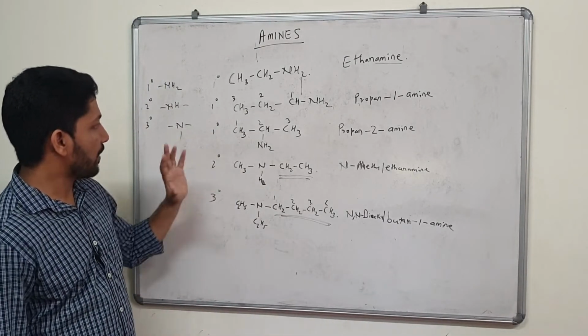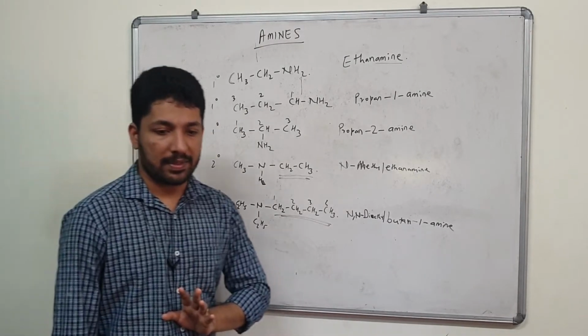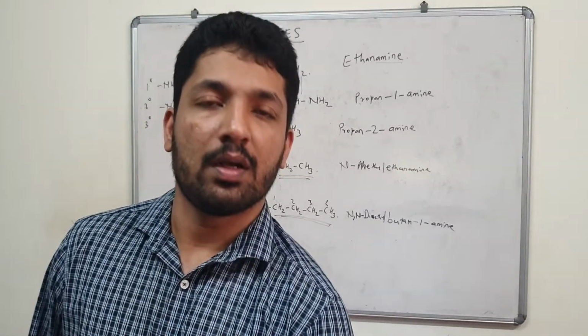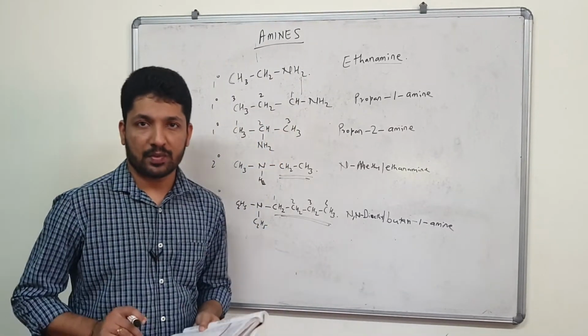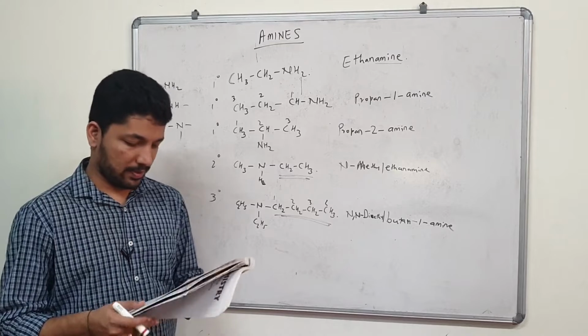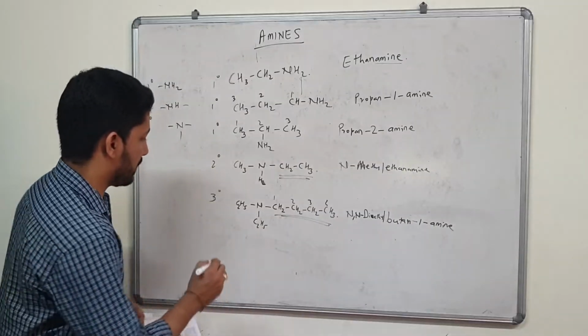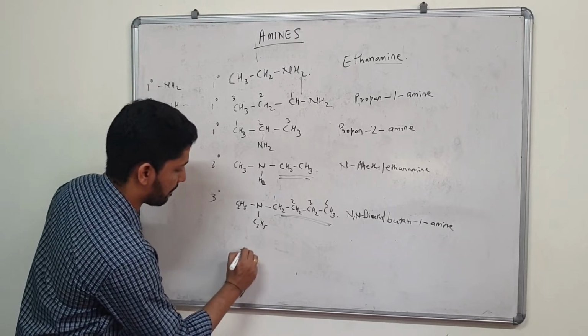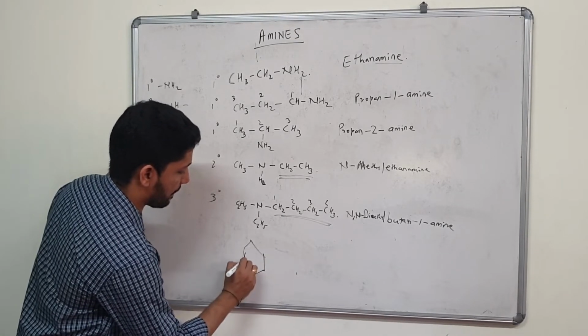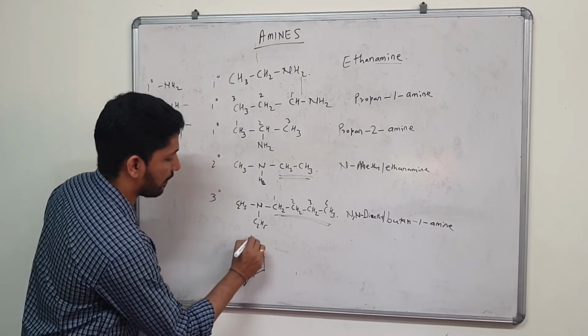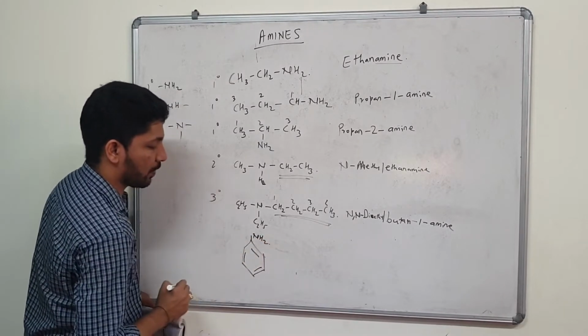So these are the examples of primary, secondary and tertiary amines. How about with a benzene ring, okay? How about arene amines? So the most basic arene amine is this. I draw a benzene ring and I attach NH2 to it, okay?